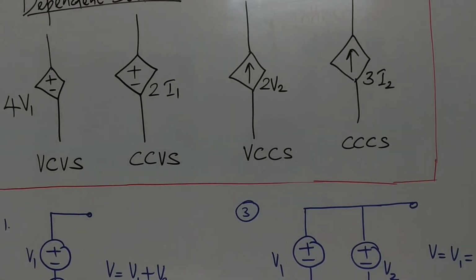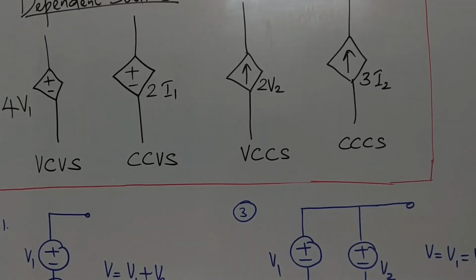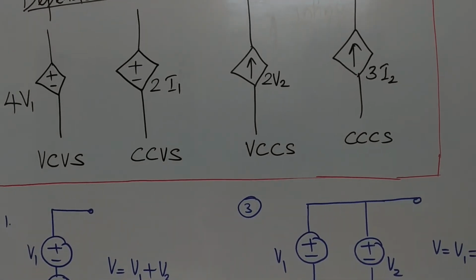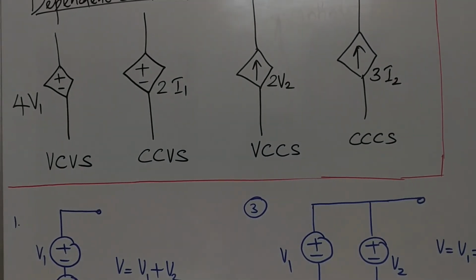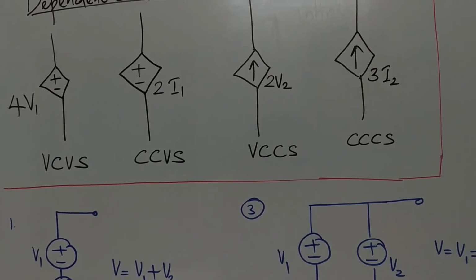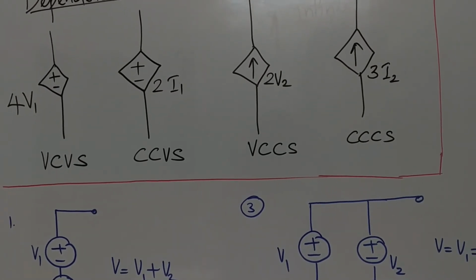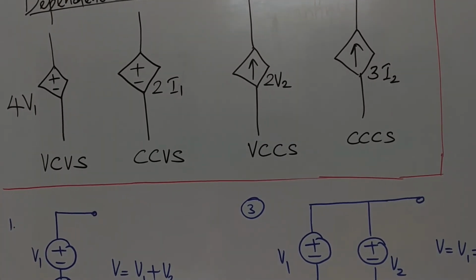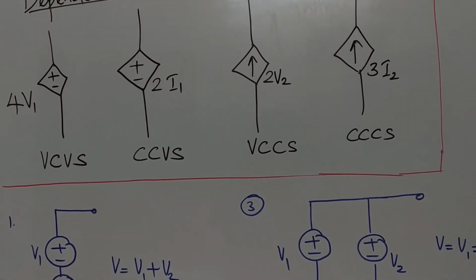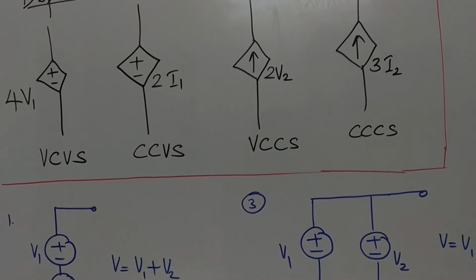Suppose if V1 is 2 volt, then this voltage source will provide 8 volt. If suppose V1 is 1 volt, it will be providing 4 volt. So like that, depending upon the value of V1, the voltage it provides will vary. So such source is called as voltage controlled voltage source.